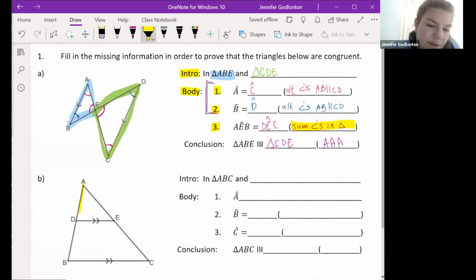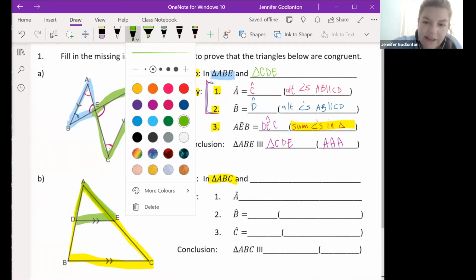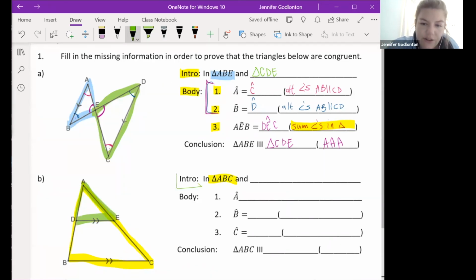Okay, so there's my one triangle. Oh, sorry, let me do the big triangle that they've given us first. There's our one triangle, and there's our second triangle. Just looking at this first line, just looking at the introduction, we've got in triangle ABC.